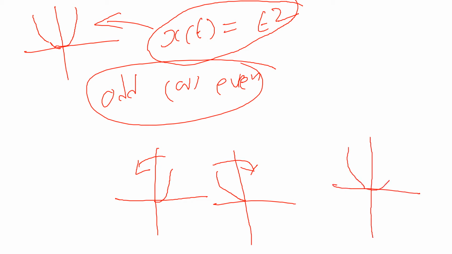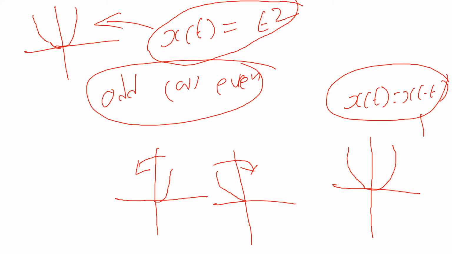Whatever the way I draw this, I get back the original signal. Hence I can conclude that x of t is equal to x of minus t. So the given signal is nothing but an even signal.